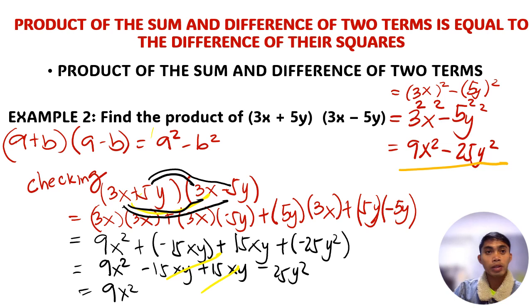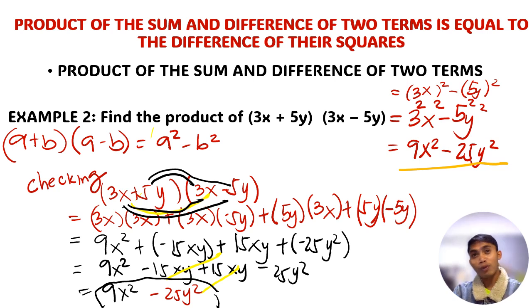So the remaining term is negative 25y squared. So we can say that our final answer using the distributive property is 9x squared minus 25y squared. So therefore, we can conclude that our answer using the given formula is correct. Right? 9x squared minus 25y squared.